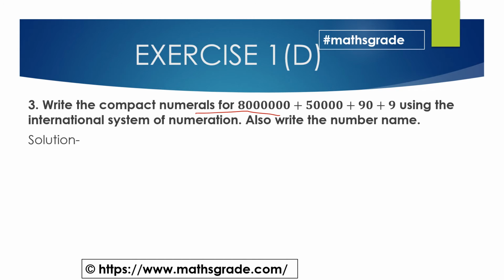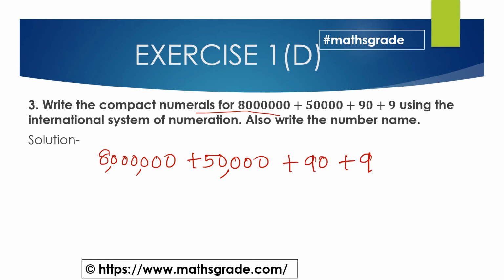This is 80, how many zeros? 1, 2, 3, 4, 5, 6. Plus 50,000, plus 90 plus 9.